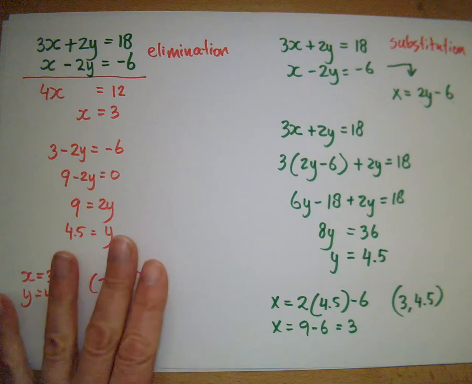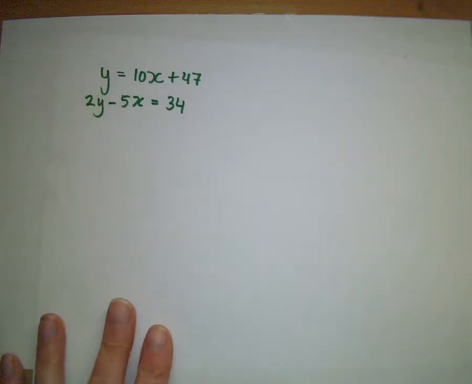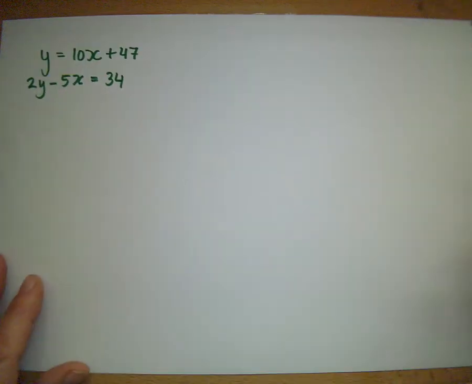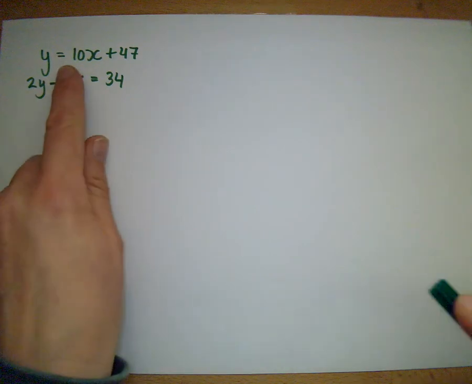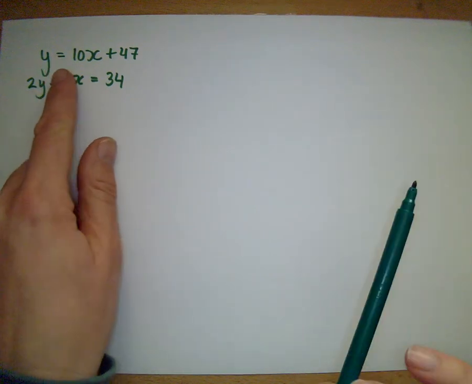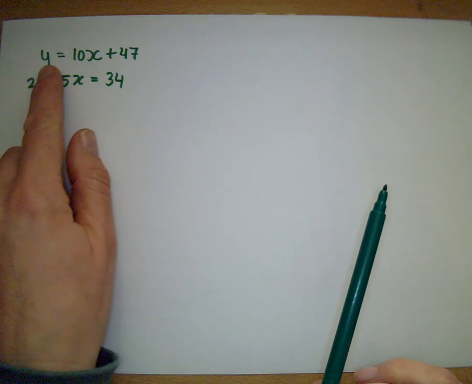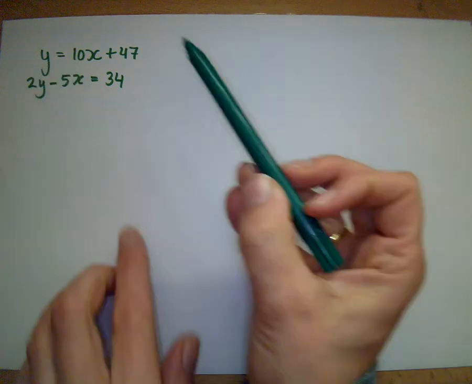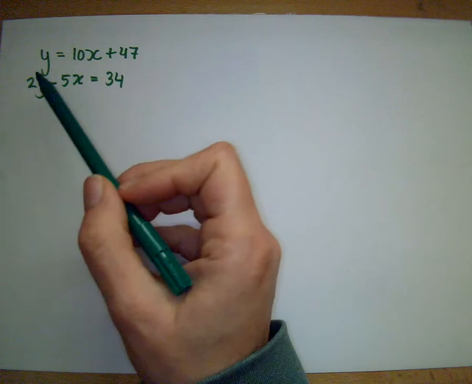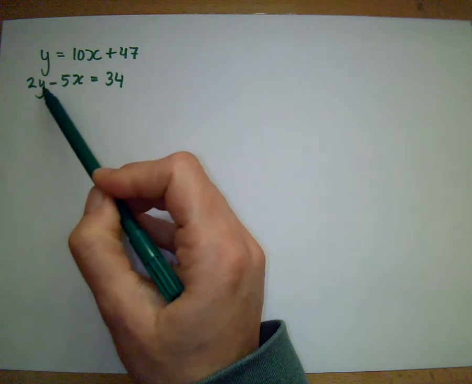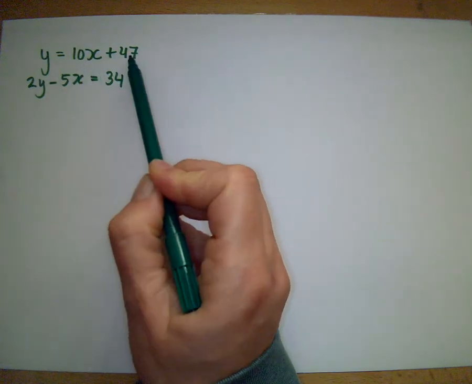Let's do one more. This one. Let's look at it. I like the fact that this top one is ready to be substituted, right? Y by itself equals something in terms of x. So instead of writing y down here, we can substitute this part.